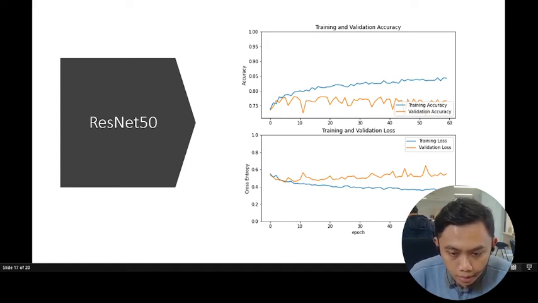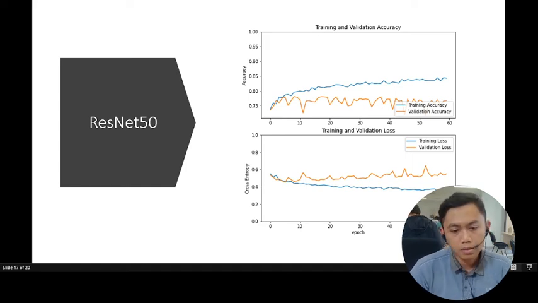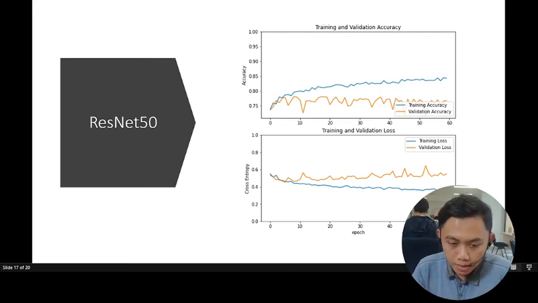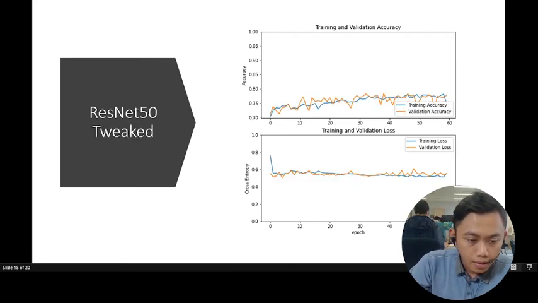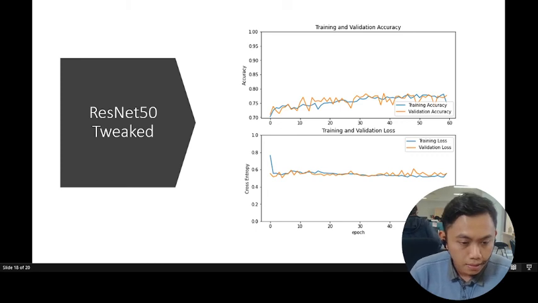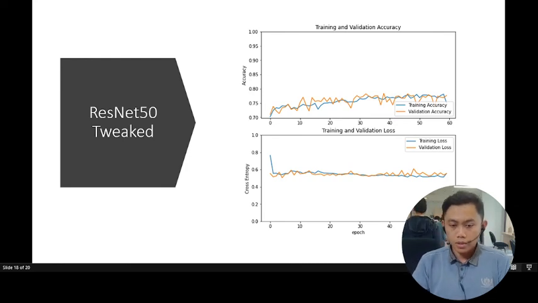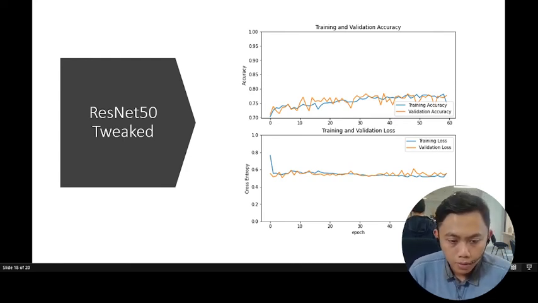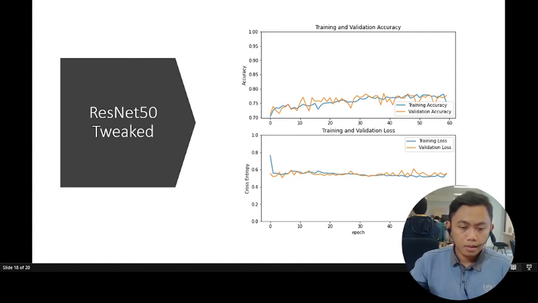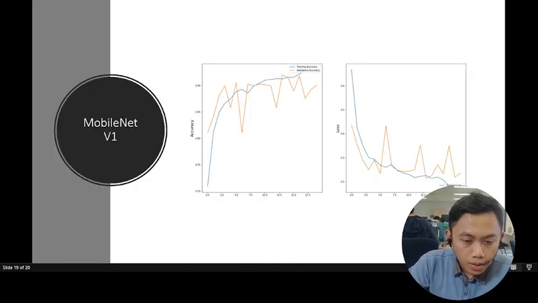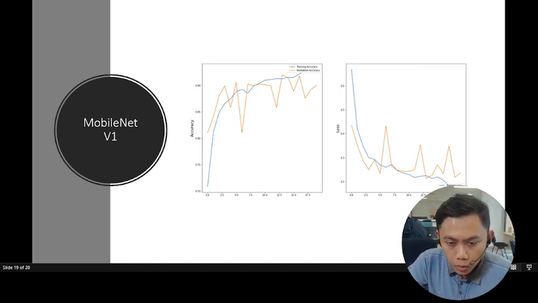We got around 70 to 80% accuracy in ResNet 50, and in the tweaked or customized ResNet 50, we get maybe the same result as ResNet 50, around 75 to 80%. And using MobileNet, we obtain the best accuracy here: more than 90% using MobileNet version 1.